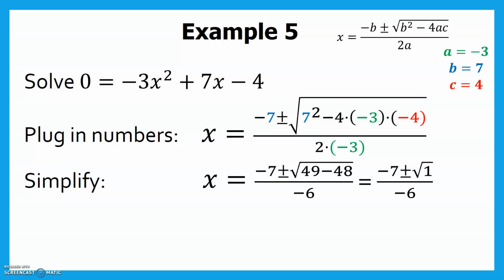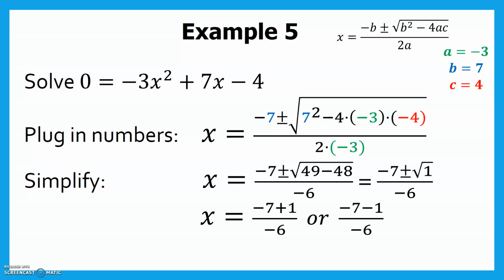And then I have -4 times -3, which is +12. And then times -4 makes it -48. And then on the bottom I have 2 times -3, which is -6. And I simplify what's under the square root. 49 minus 48 is 1. So I have -7 plus or minus the square root of 1 over -6.